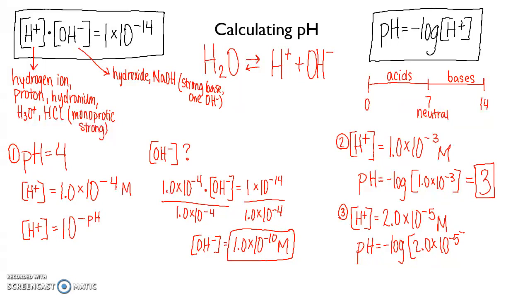But this time we're not going to get a nice whole number. Again, if you need help using your calculator, please go watch that video. But if you put 2 times 10 to the negative 5th and take the negative log of that, you're going to get a number that's pretty close to about 4.7. So notice it's close to 5. It's close to this exponent, but it's not exactly the same.